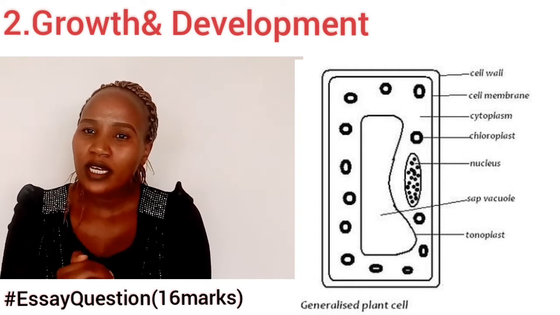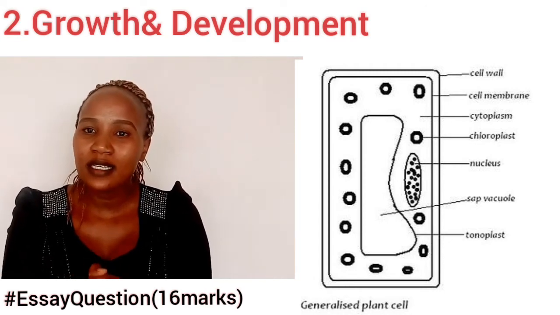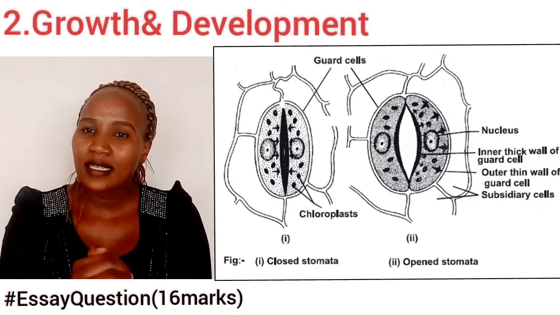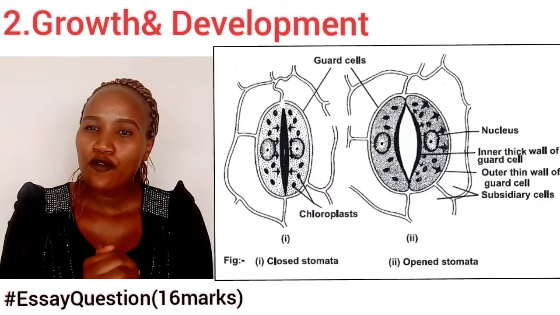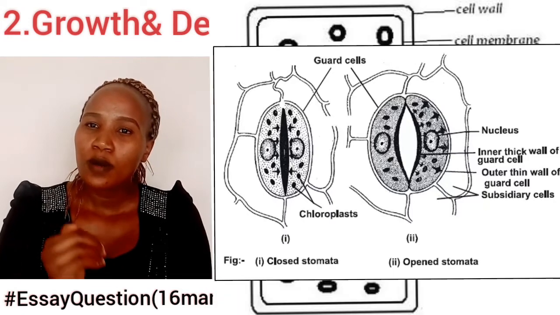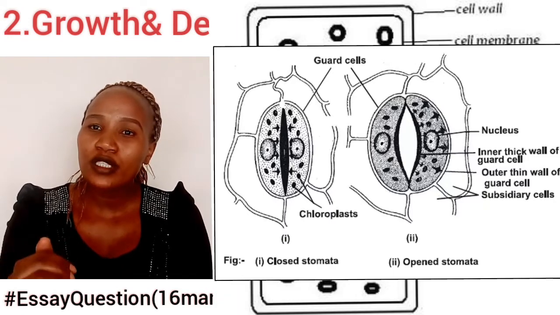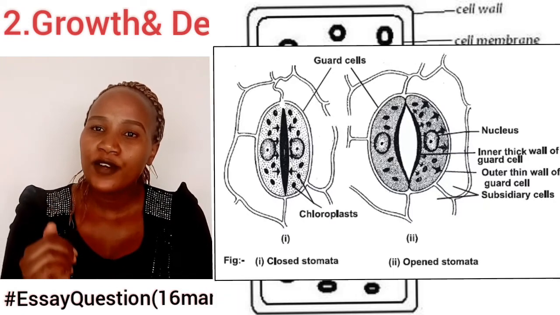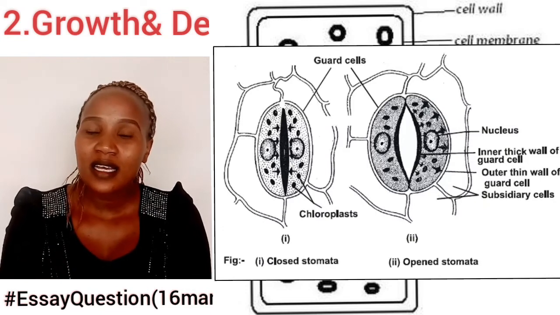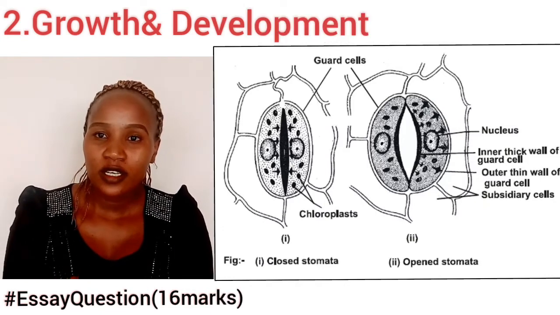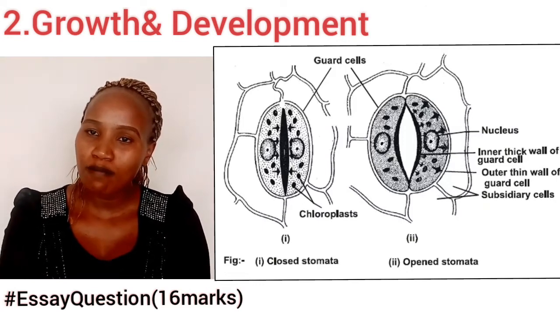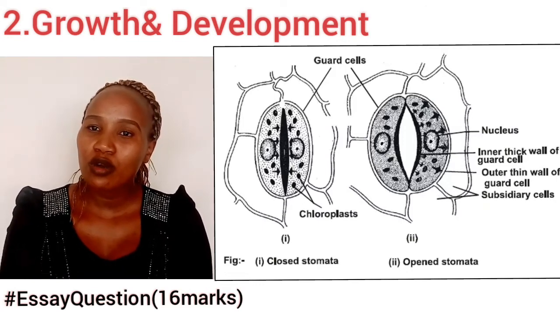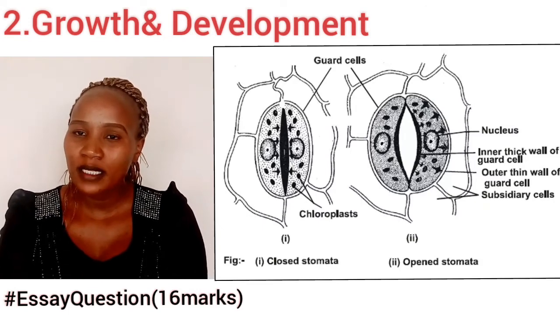And therefore, a good example in this case is a guard cell. A guard cell is a plant cell, but it's different from the general plant cell because it has undergone development in the sense that its shape has changed, its form has changed, and it has become more complex. That is why we are talking of growth and development.